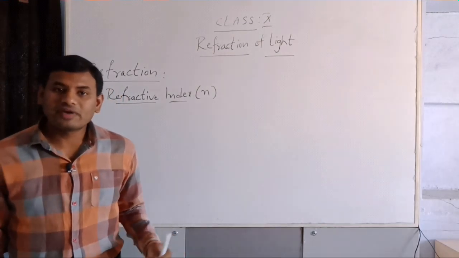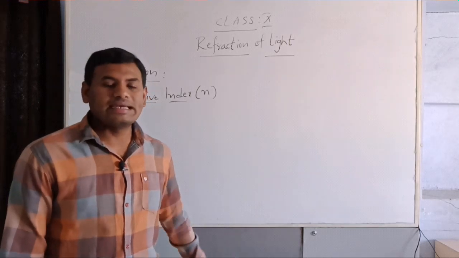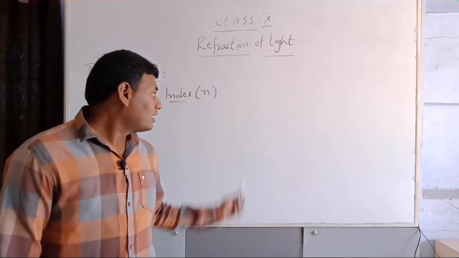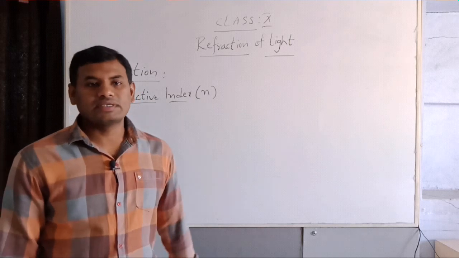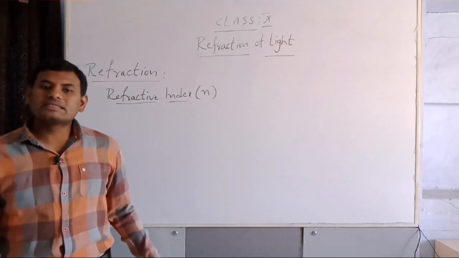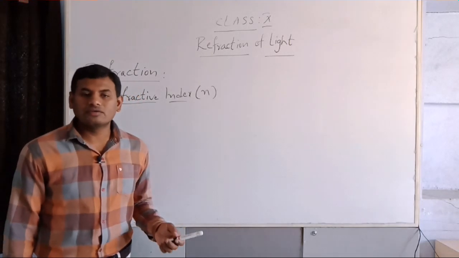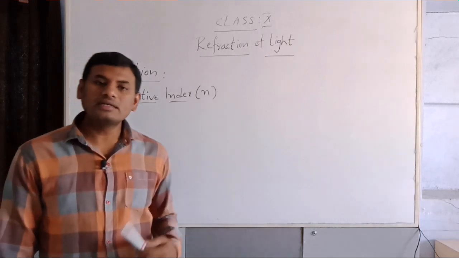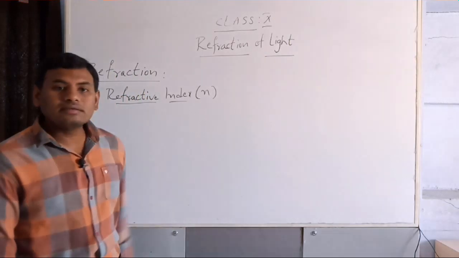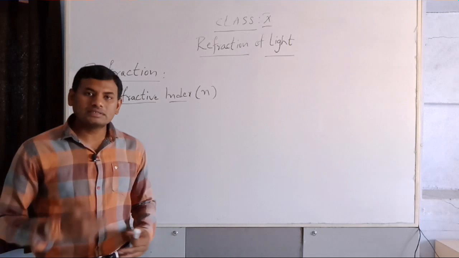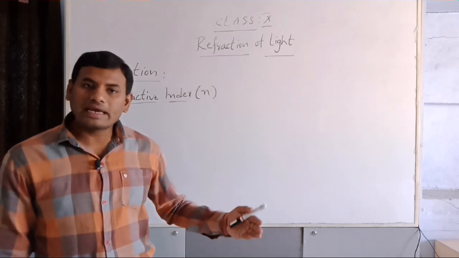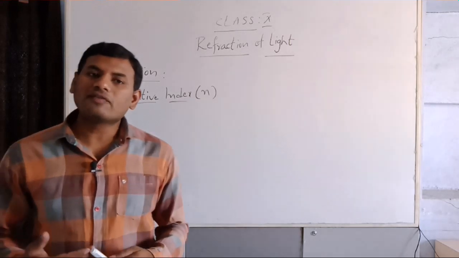The next topic from refraction is refractive index. Let us see what refractive index is and how we calculate it. Refractive index is the ratio of the velocity of light in vacuum to the velocity of light in a specific medium. It is a dimensionless number which says how much the light is bending or by how much the speed of light is decreasing.